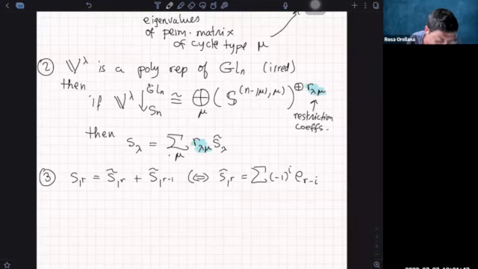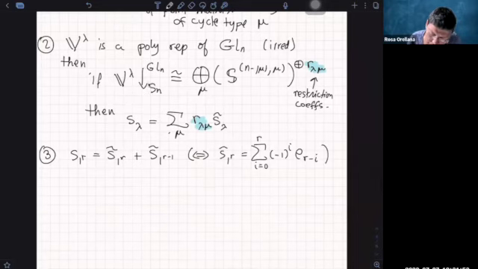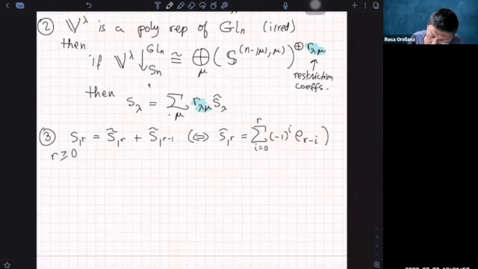So I'm basically telling you the initial value, for R greater or equal to 0.